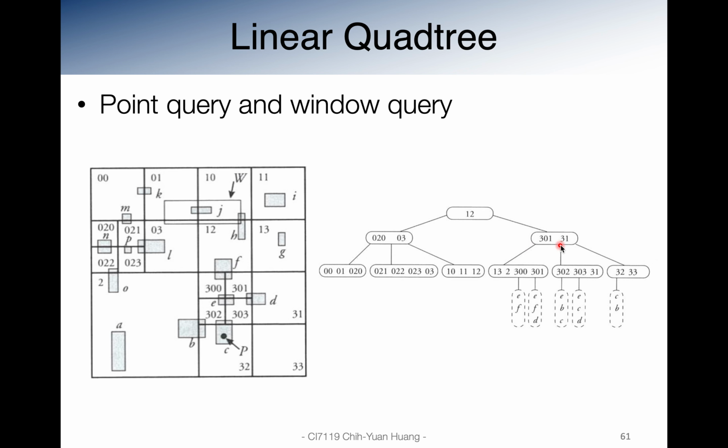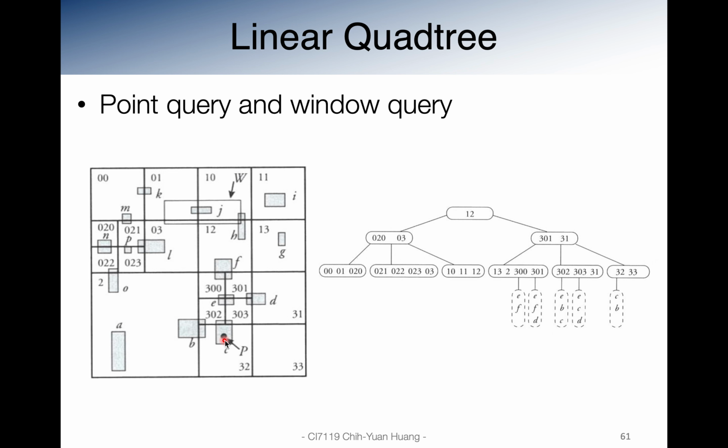Then with the information of 3, 0, 1, 3, 2, and 3, 1, it knows that 3, 2 is in this part of the node, so it will forward the query to this node, and by having the information of this node, it should be able to know that the point query is in this 3, 2 node. The 3, 2 node will retrieve the C and B data, and then compare with the point query P. So that's the point query.